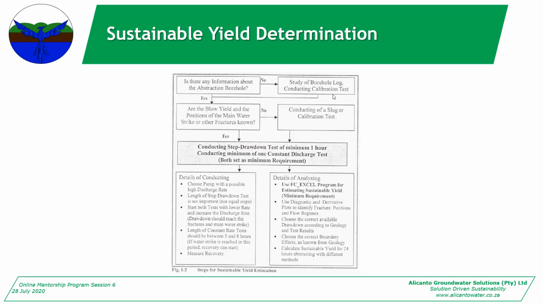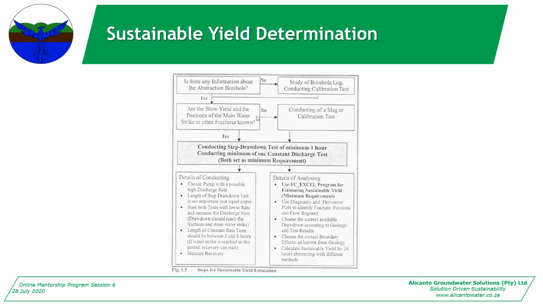If not, you study the borehole log and you conduct a calibration test, which gives you a rough idea of what's in there. And if there is available information, does that include the blow yield and the main water strike or other water strikes? You remember we spoke about the importance of your hydrogeological log in the previous session. So this helps you with your sustainable yield determination.